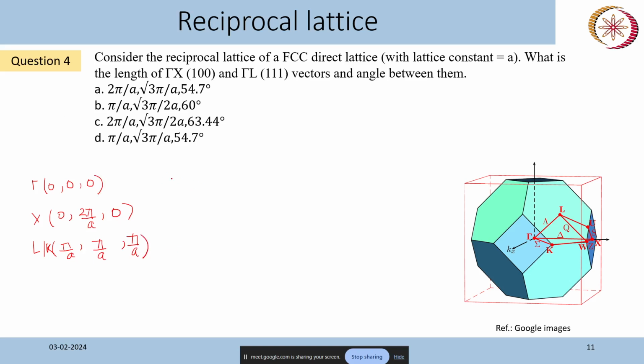So what will be the distance from gamma to X and gamma to L, and the angle between these two vectors, 1, 0, 0 and 1, 1, 1?